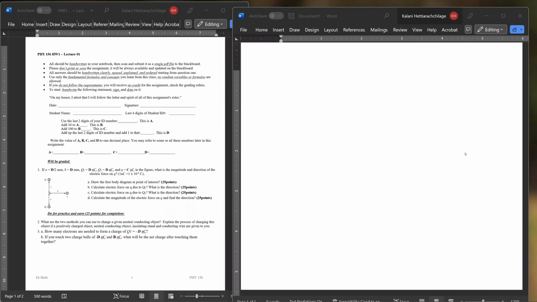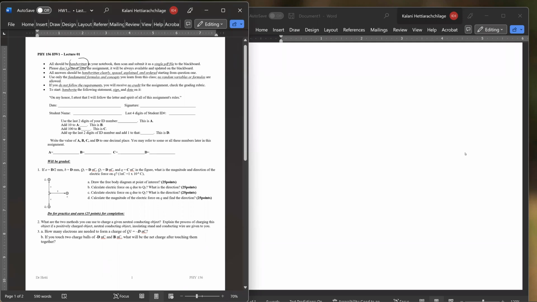So my first requirement is all should be handwritten in your notebook or your notepad, and then scan and submit it as a single PDF file.